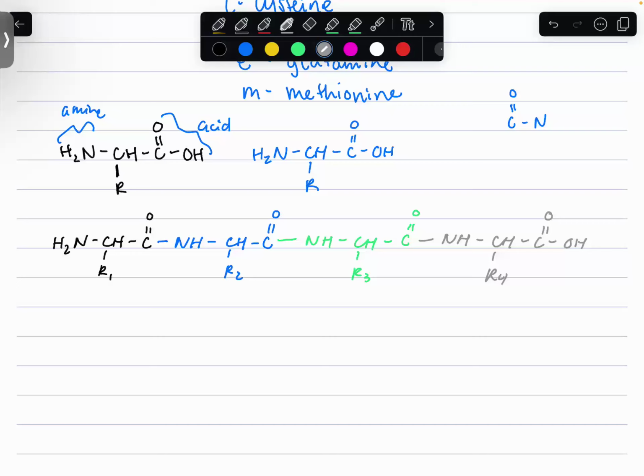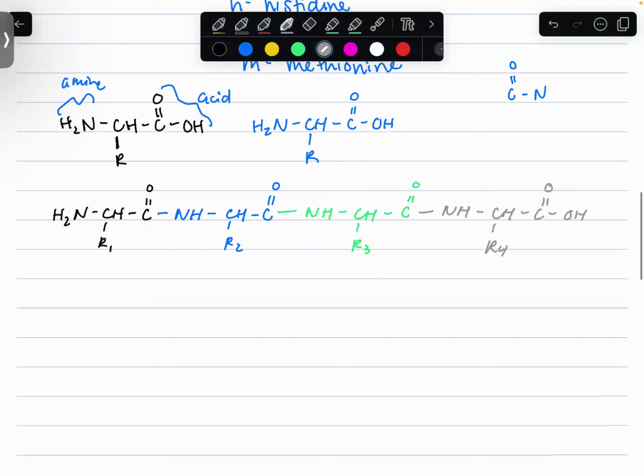So now we could go to our amino acid table and just fill in our R groups as we find them there. So with cysteine, our R group is CH2SH. With histidine, our R group is CH2 and then this 5-membered heterocycle.